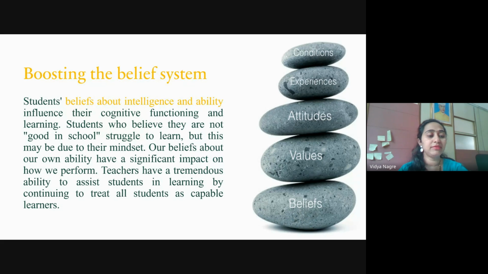So teachers have a tremendous ability to assist students in learning by continuing to treat all students as capable learners. Every student is a capable learner, always remember. Please understand, teachers do have tremendous potential. Your one act of kindness or one act of cruelty is going to impact the life of an individual thoroughly. You are going to either make or collapse individuals.